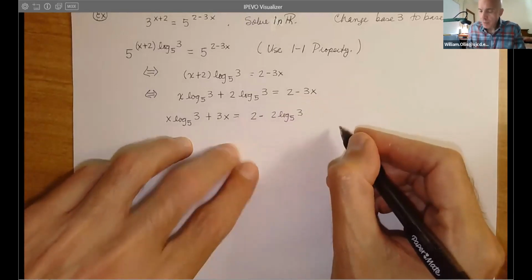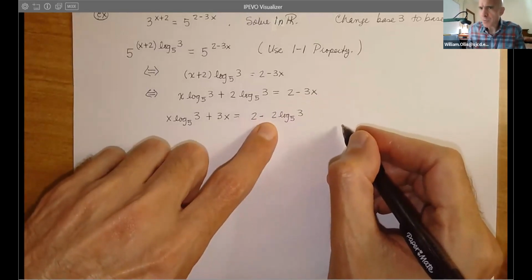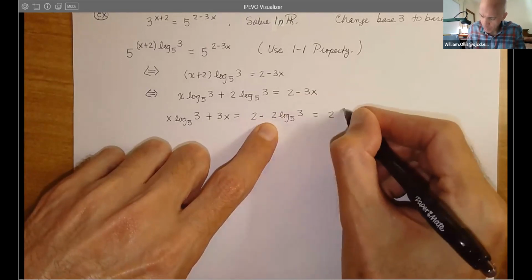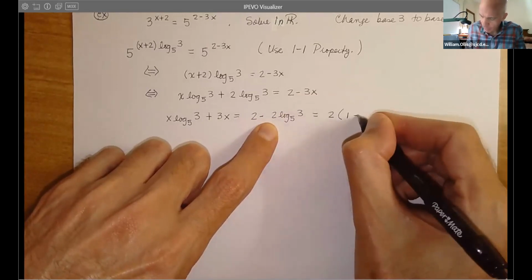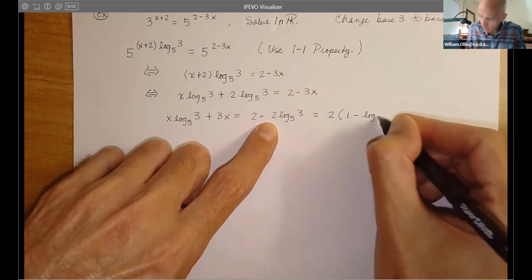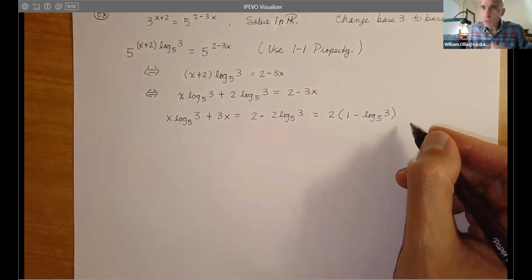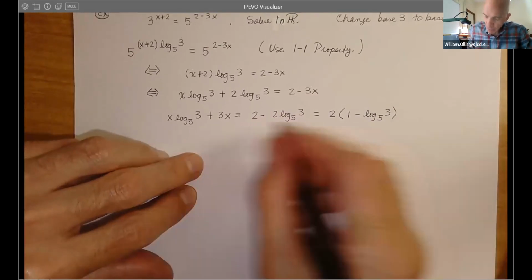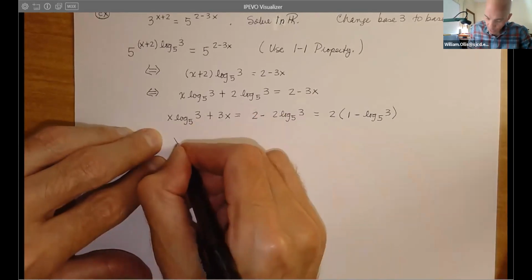Now, of course, you're thinking, well, there's a 2 in both of these, so I could factor the 2. Well, let's just do it. I mean, factor everything to death. It doesn't matter. And of course, if you needed to change the base to ln or log to get an approximation, you can easily do that. So now the x's we can factor.